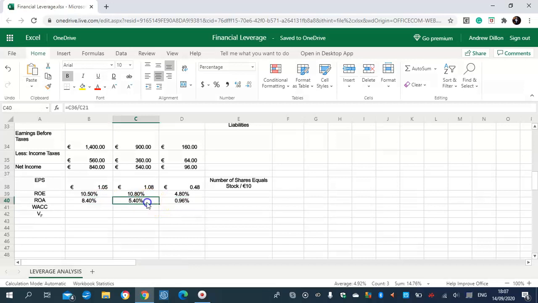The other two are 5.40% and 0.96%. So this is the weighted average cost of capital, WACC.